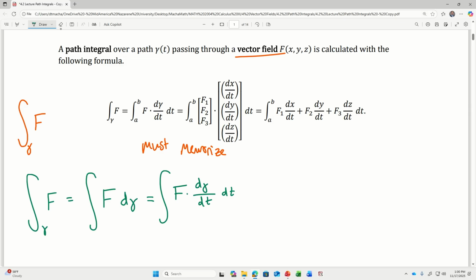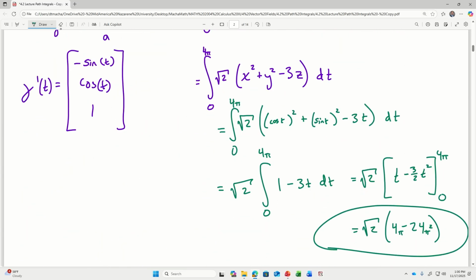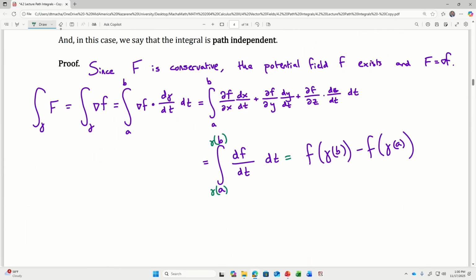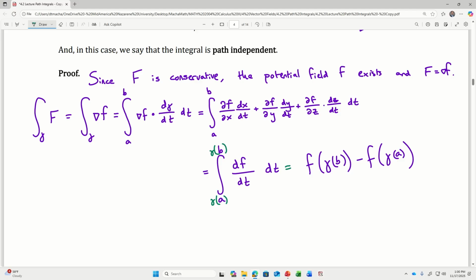So maybe I can't remember off the top of my head what the right notation is for writing this step here. But as long as there's a dt at the end, I guess it should be an integral from a to b. The problem is, where do the gammas come up again?